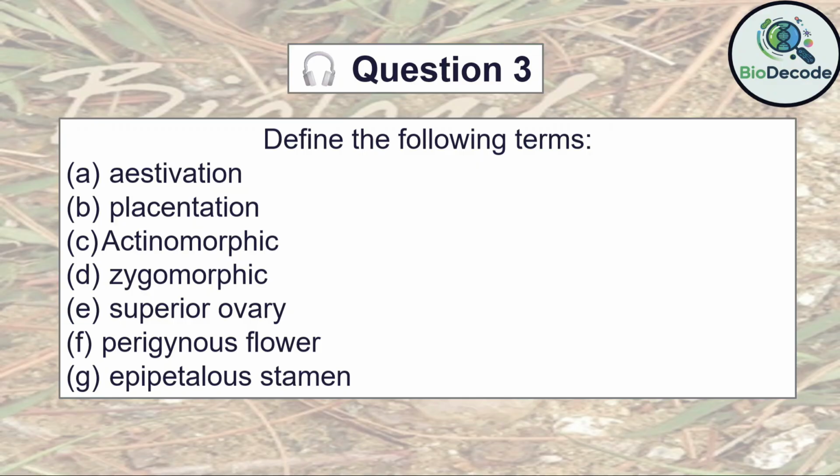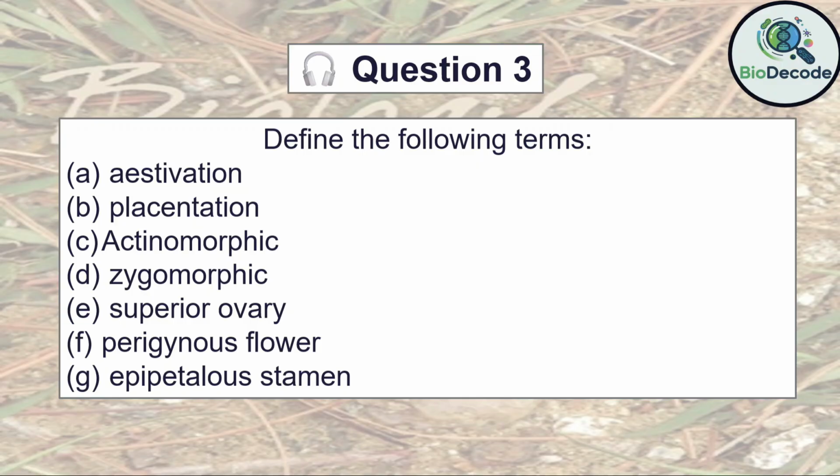Second, placentation refers to the arrangement of ovules within the ovary, which affects fertilization and seed development. Third, zygomorphic flowers are bilaterally symmetrical, meaning they can be divided into two equal halves along only one plane. Fourth, an epipetalous stamen is a stamen that is attached to the petals rather than directly to the floral axis.